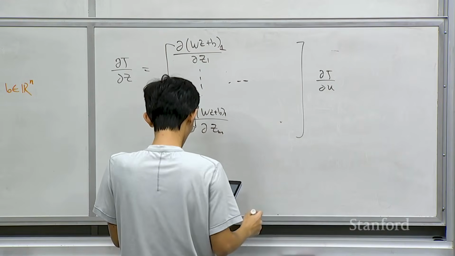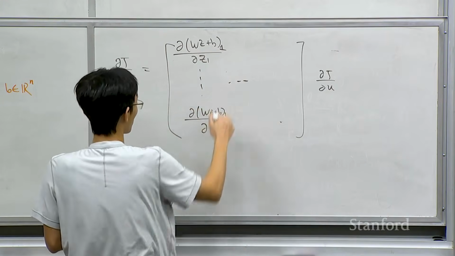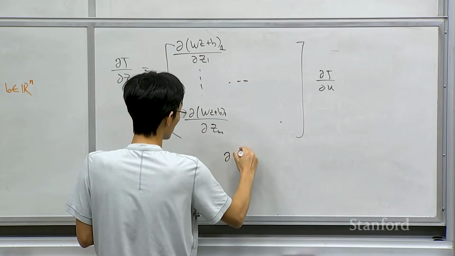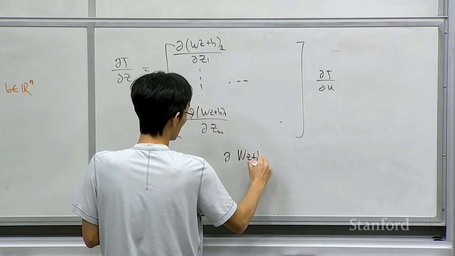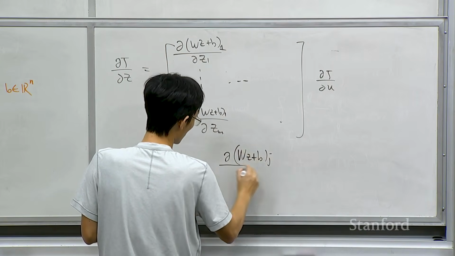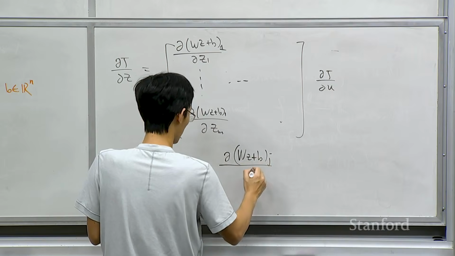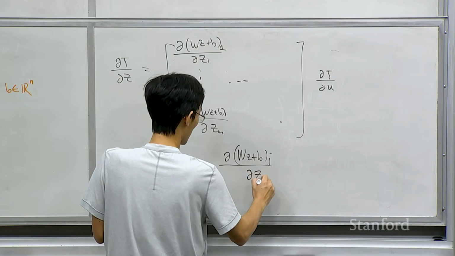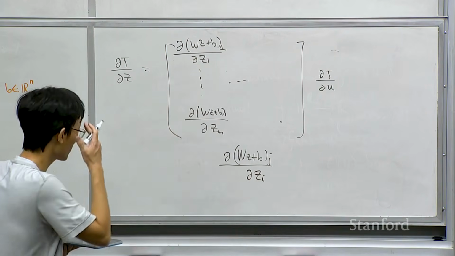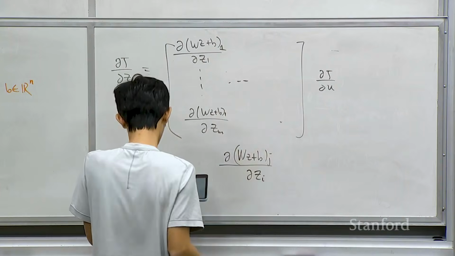So basically each entry of this matrix is the jth coordinate of Wz plus b, which is the jth output, differentiated with respect to the ith input. This is one of the entries here.